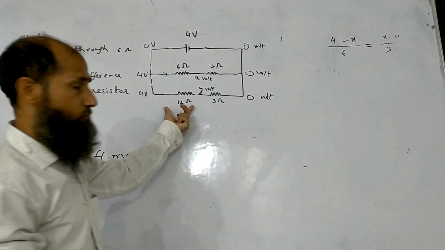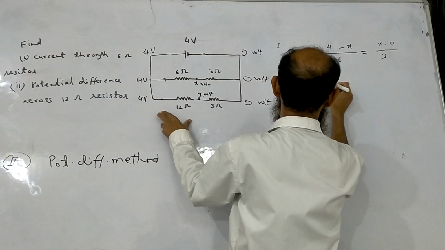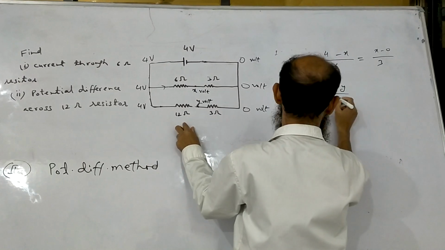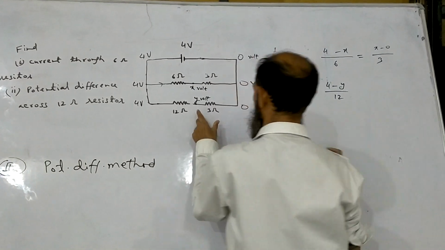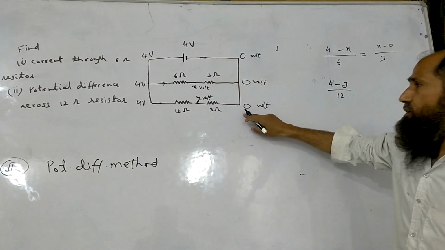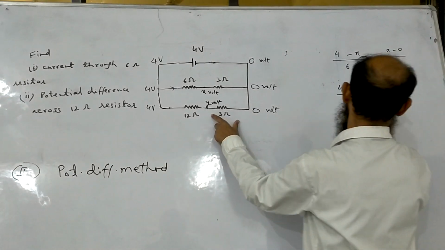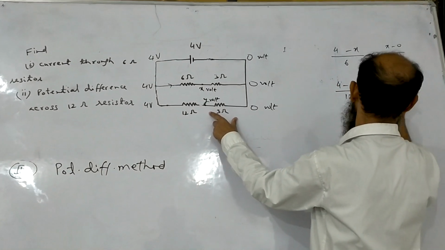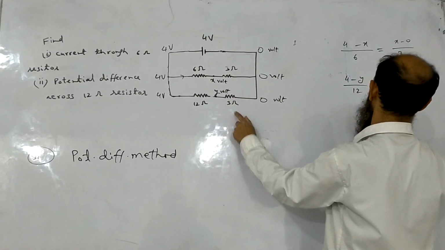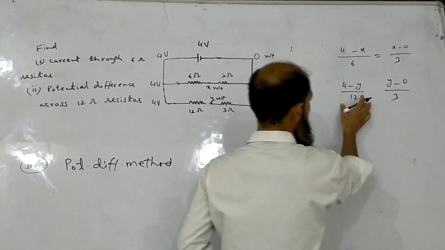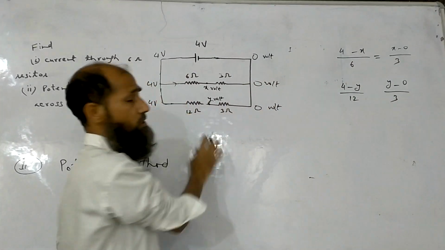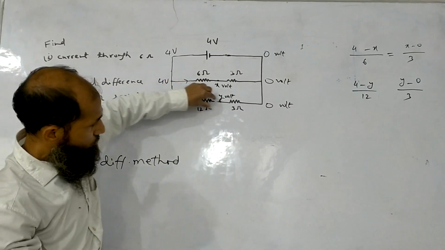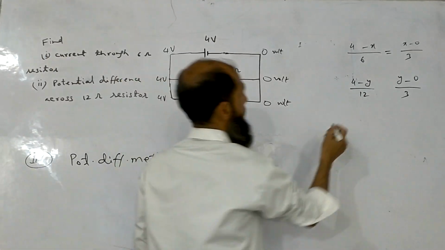The current through this will be 4 minus y divided by resistance 12, and the current through this resistor will be y minus 0 divided by 3 ohm. These two must be equal, so again this is equal to this.